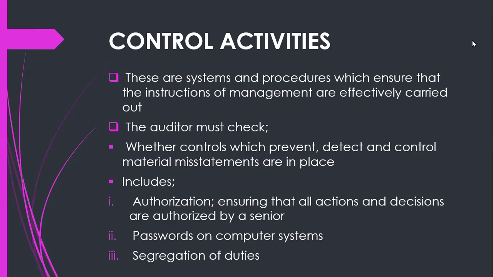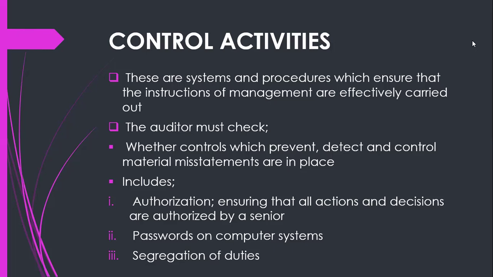That individual who balances the books is the one that takes the money to the bank. So there's a control, which is segregation of duties, and it's going to prevent chances of fraud. It's going to reduce the fraud risk factors. So that's a control, and that's a control activity.